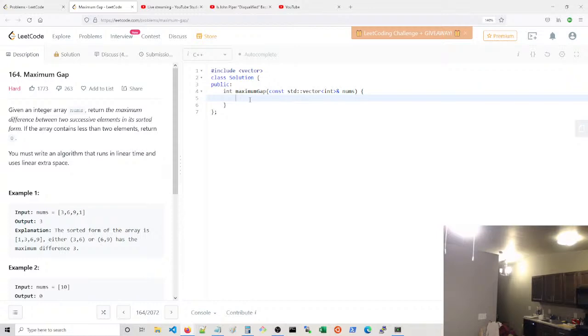Let's do a smaller case, like 3 numbers. If it's not sorted, the first number could be the smallest, and then you could find the next smallest number. So it would be the minimum difference between itself and all the other numbers.